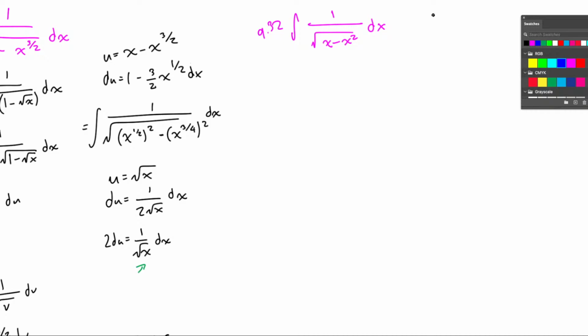You can take out the x, make it 1 over square root of x times 1 minus x dx. Which means you get 1 over square root of x times square root of 1 minus x dx.